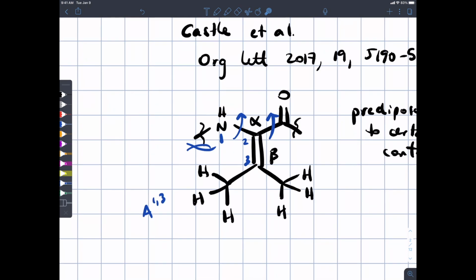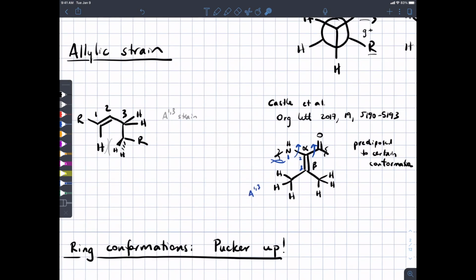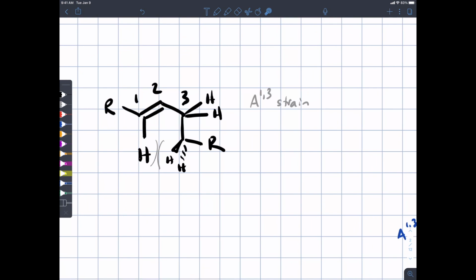Okay. Sorry. Why is it called 1,3? Because the interaction is between four. Yeah. Why is it called 1,3? Because if you really look, the interaction is between a group on 1 and a group on 4. I don't know. That's always tripped me up. Because some jerk in the past called it that, and we've all stuck with it.